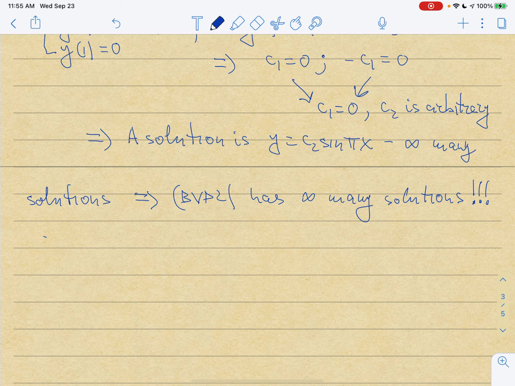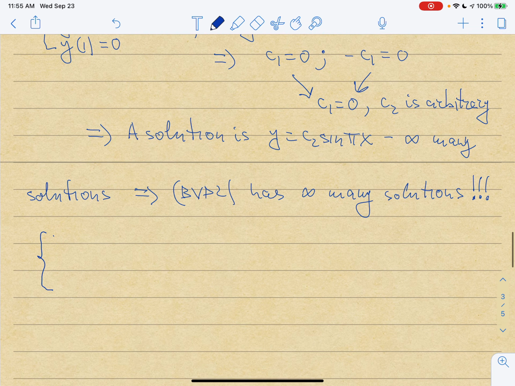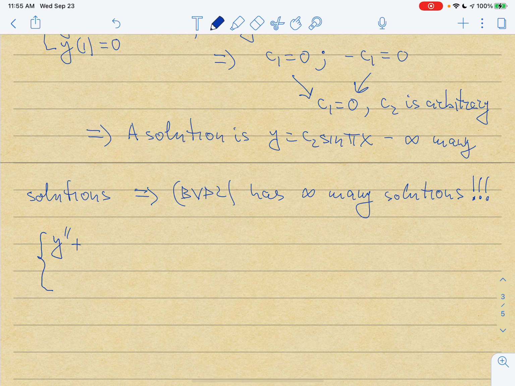So let's take again exactly the same equation. y double prime plus pi squared y equal to 0, y of 1 is equal to 0, and maybe y of 3/2 is equal to 0.